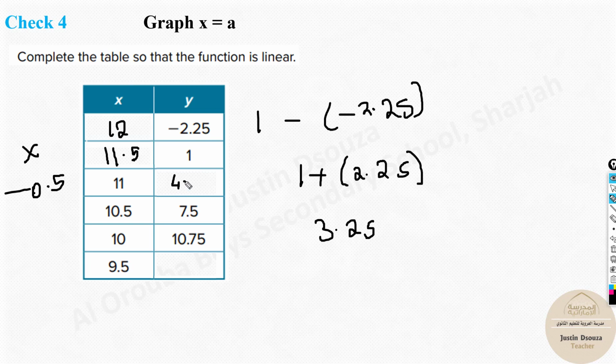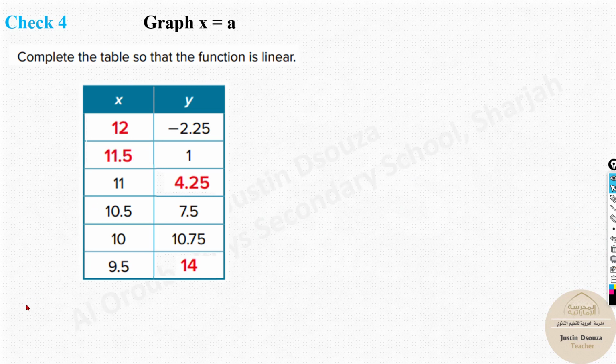Add over here, it will be 4.25. Then you get 7.5, 10.75. This one will be 14. So that is it, and let's check the answers. Yes, it's 12, 11.5, 4.25 and 14. That's how we can easily get it. The x values follow a constant rate in the x column, whereas the y values follow one in the y column.